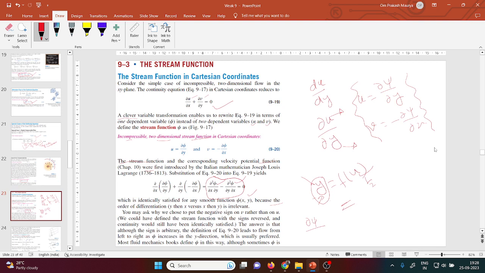Now the stream function is very important. And why the stream function? As I have already told you, it tries to reduce the number of dependent variables in the equations. And why are we trying to reduce the dependent variables?